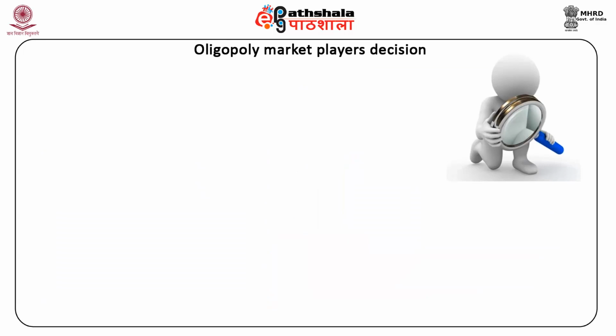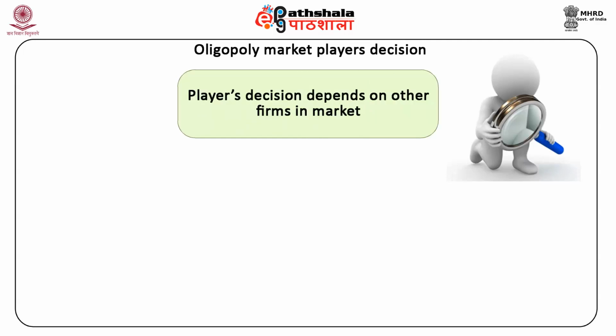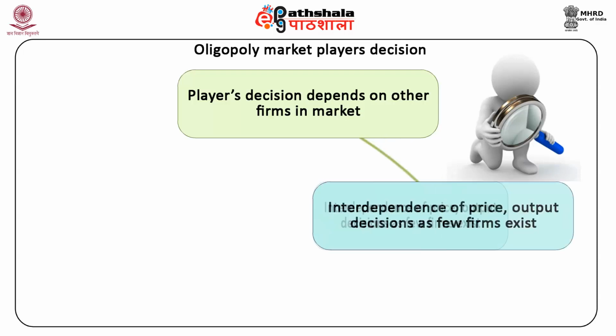Let us discuss the oligopoly market players' decision. As has been discussed in the previous sections, the player's decision in an oligopolistic market structure depends upon the other existing firms in the market. There exists complete interdependence of price and output decisions of each firm due to the existence of few firms in the oligopoly market.